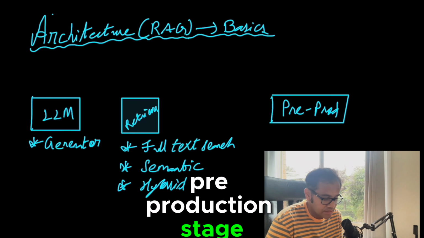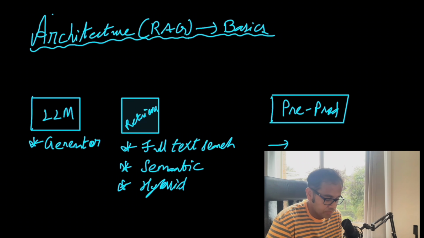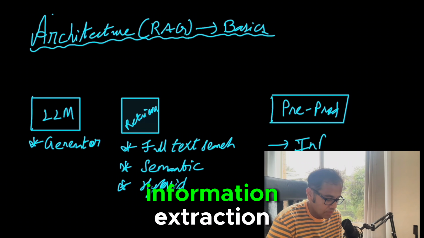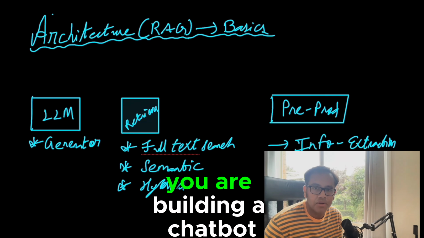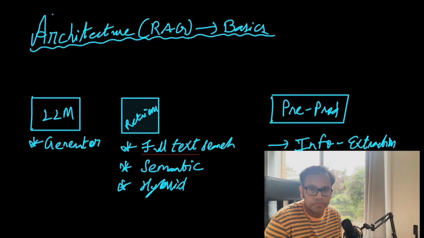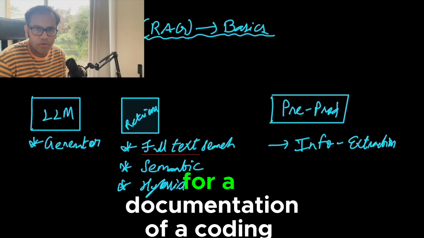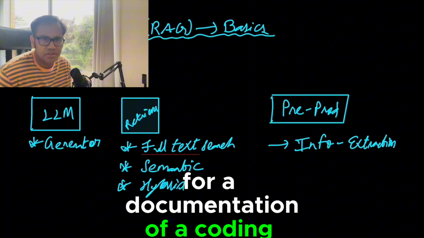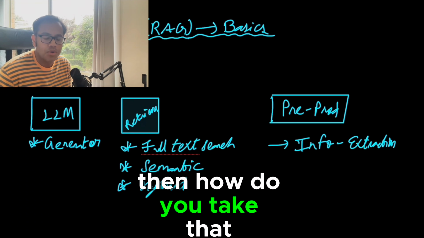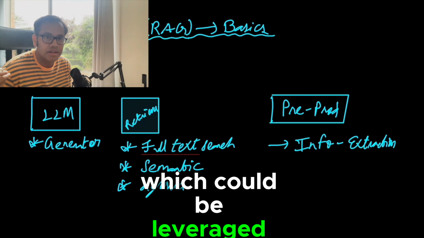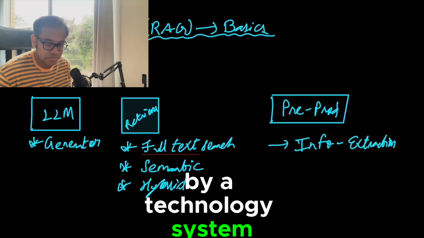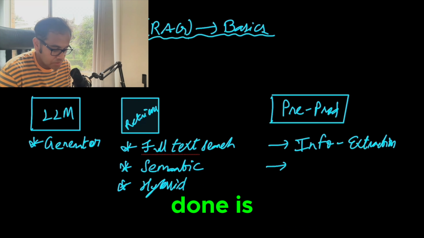So at the pre-production stage, the things that need to be done are, first, information extraction. What it essentially means is, for example, you're building a chatbot for the documentation of a coding repo. Then how do you take that information and pass it into a form which could be leveraged by a technology system? Okay. The second thing that needs to be done is something called chunking.